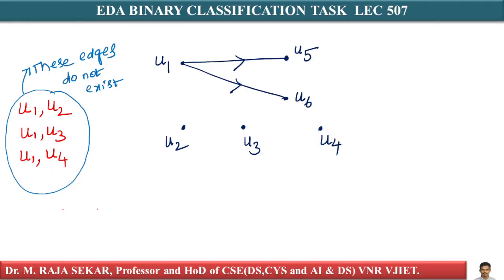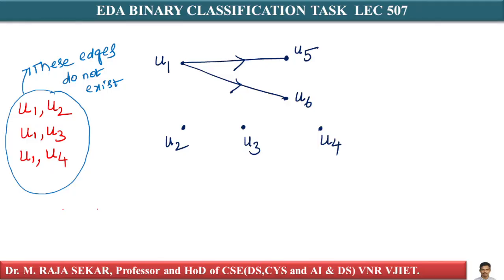So what do I do? Let's say I have other vertices, u2, u3, u4, isn't it? Let's assume I have an edge between u1 and u5, and an edge between u1 and u6.